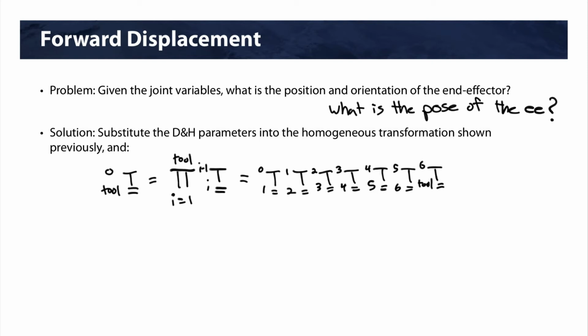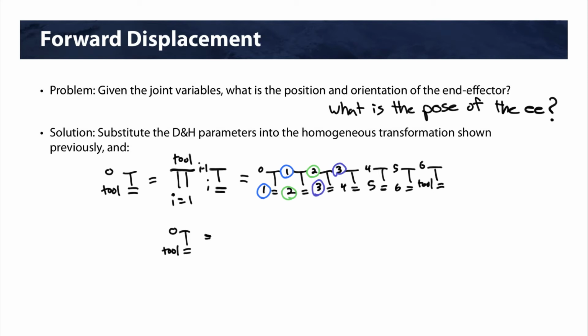You multiply those all out, and we know we've done this right because our subscript matches our superscript, and so on. I won't circle them all. Multiplying that out will give you the forward displacement solution, T0 tool.